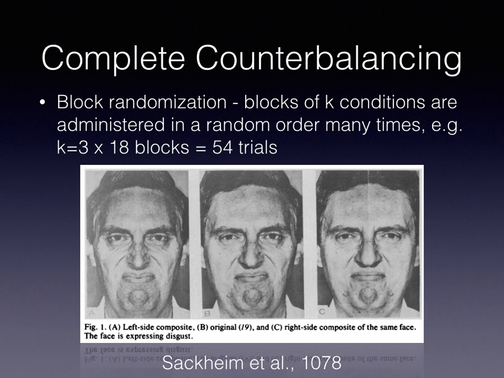I think that most people would agree that for this particular example, for this guy, he's trying to make a disgusted facial expression, and it's more expressive when you view the left side composite, that's the picture on the left, than either of the other 2, even the original photograph, suggesting that at least in this particular case, the left side of the face is more emotionally expressive.